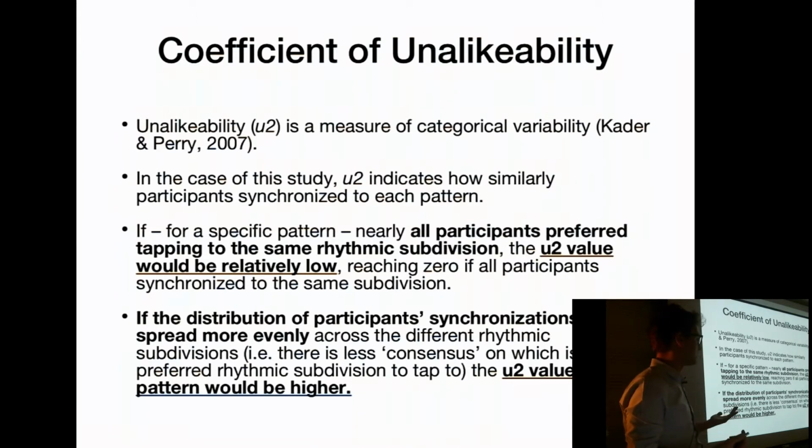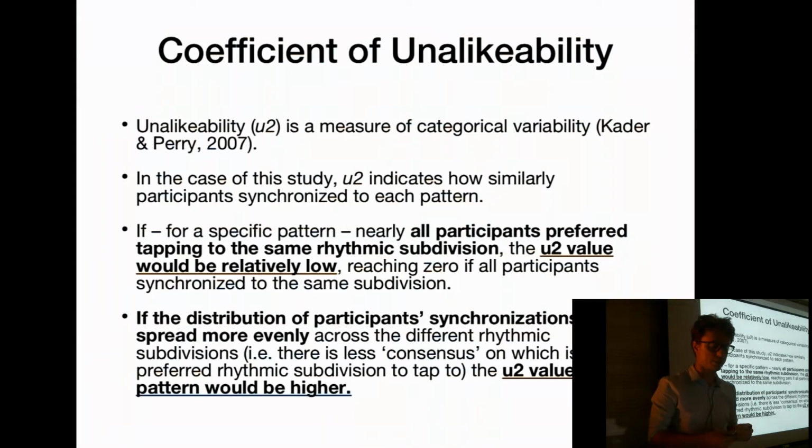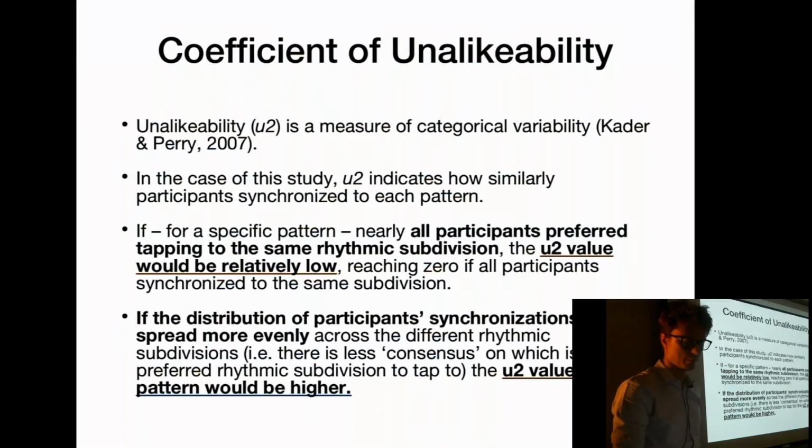So, for example, if nearly all the participants prefer tapping to the same rhythmic subdivision, the value will be low, reaching 0 if all the participants synchronize to the same subdivisions. Whereas if the distribution is more spread more evenly, the value of the coefficient of unlikability will be higher.